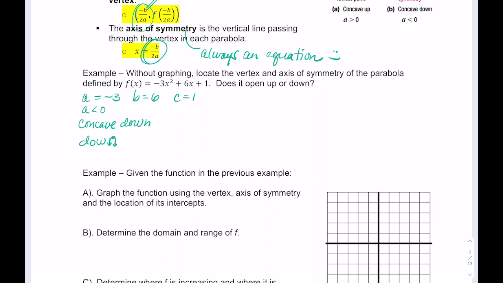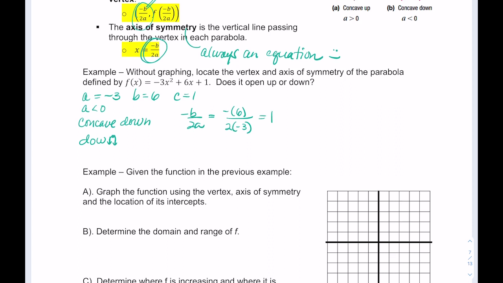Okay, so how do I find the vertex? All I need to do is just take my formula, negative b over 2a. So b here is 6, and a is negative 3. And I get negative 6 divided by negative 6, which is 1. Now I'm going to take the 1 and I'm going to plug it into the function.